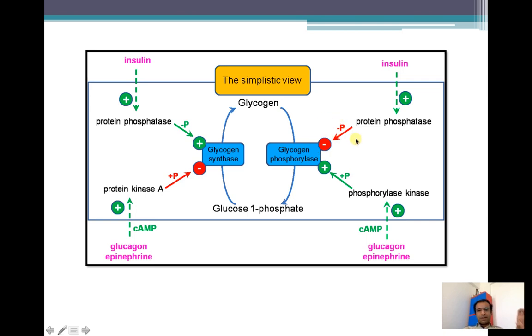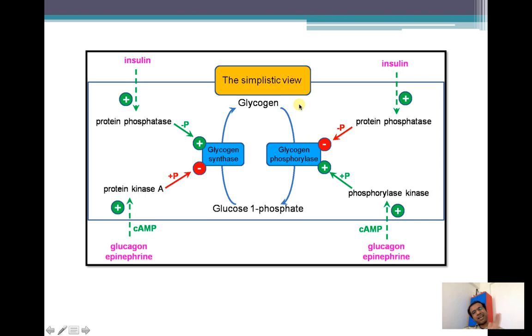So by our common funda, insulin, which inhibits the glucose generating pathway, what will it do? It will activate the enzyme protein phosphatase. So the protein phosphatase will be active. It will remove the phosphate from glycogen phosphorylase.